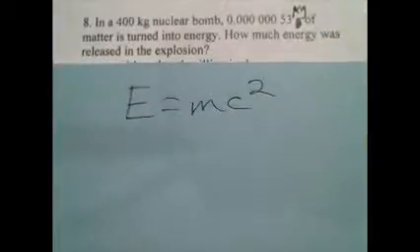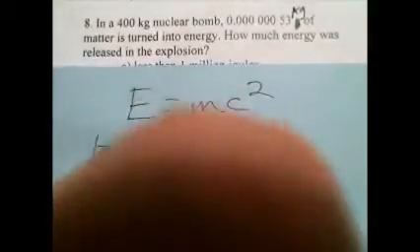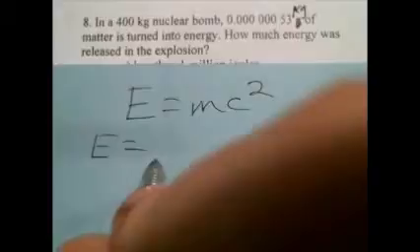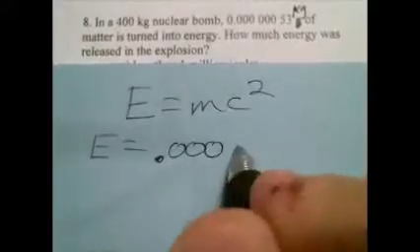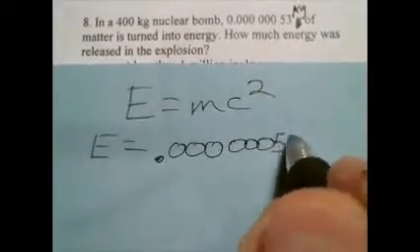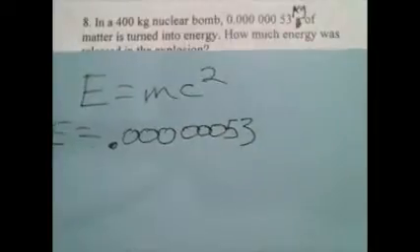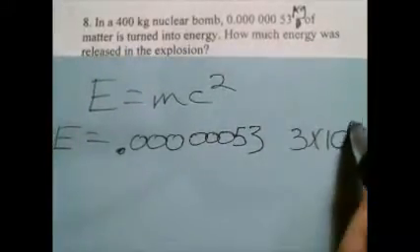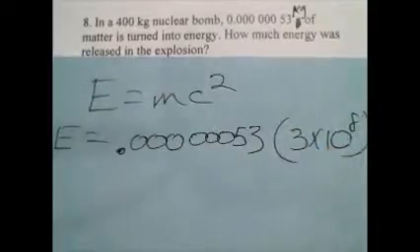Einstein's law. We want to know the E. The M is our tiny decimal number. The C is the speed of light, and I have to square that.